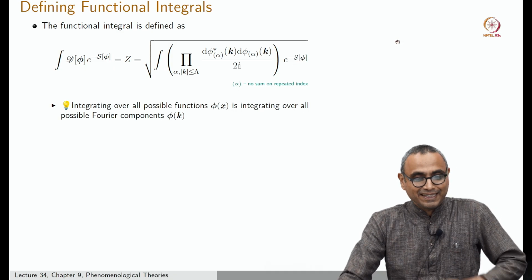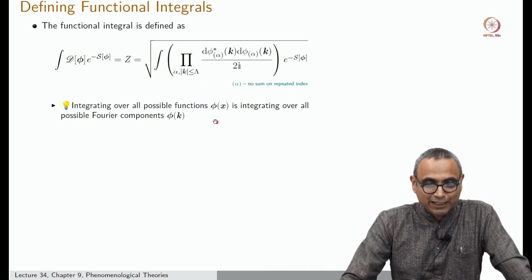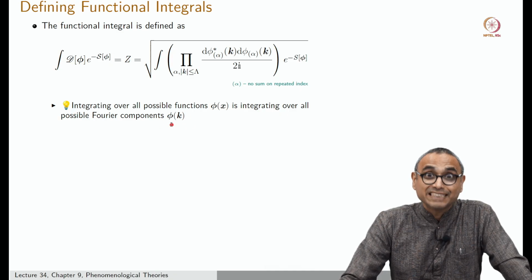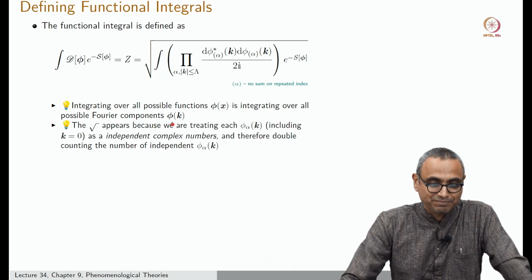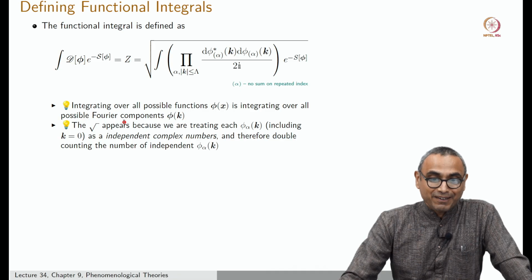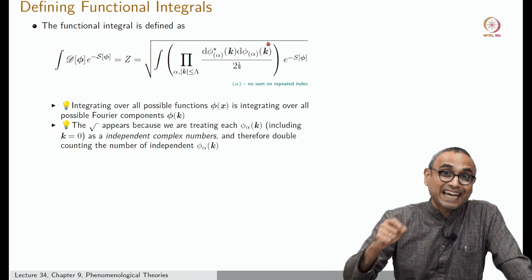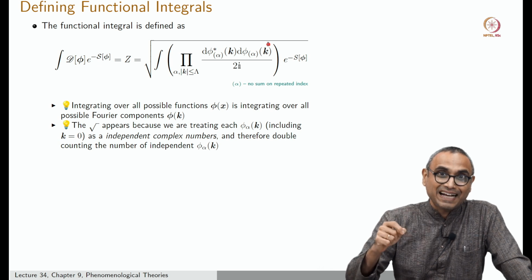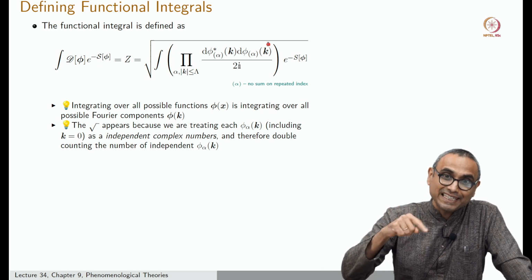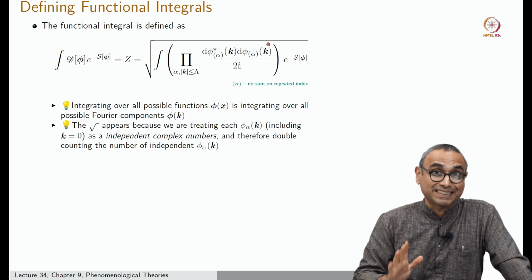Okay. So first point I already made, which is that integrating over all phi of x is like integrating over all the Fourier components phi k for each component of phi, each ON component of phi. So the square root appears because when I am doing this integral, I am treating each k point and each ON component at each k point as an independent complex number.